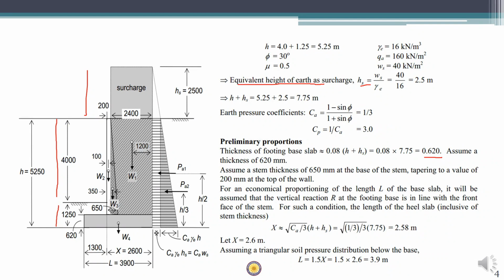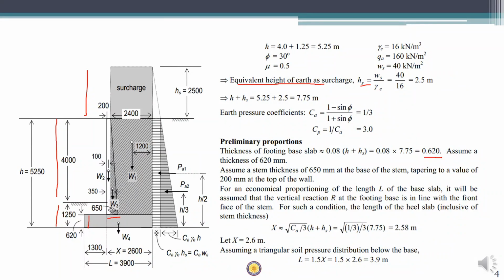So 0.62 is this height. The stem thickness has to be slightly more than the base slab thickness at the bottom. So we choose a value of 0.65 at the base, and the stem tapers all the way up to 200 millimeters at the top.